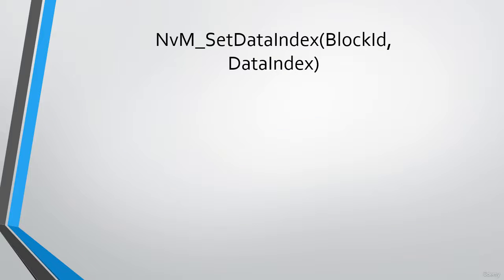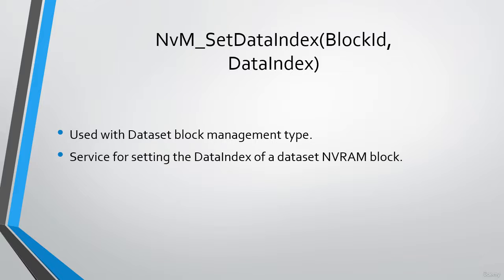The first one is NVM set data index, and the parameters that are used are block ID and data index. This API is used with dataset block management type. And how is it used? It is used for setting the data index of a dataset NVRAM block.